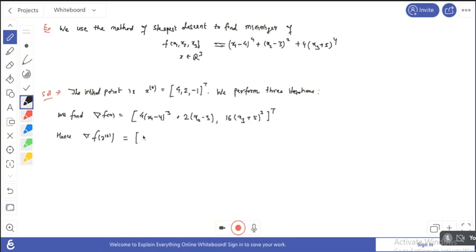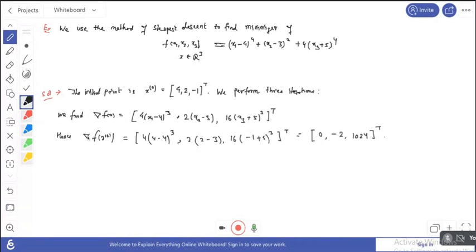This means the value is 4(4 - 4)^3, the second one is 2(2 - 3), and the third is 16(-1 + 5)^3, that is transpose. If you solve that, the first term is 0, the second term is -2, and the third term is 16 times 4 cubed, which is 1024. So this is your first gradient.